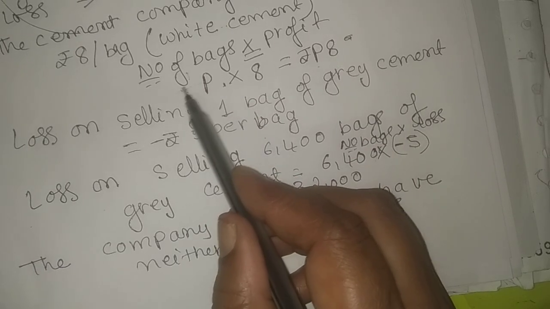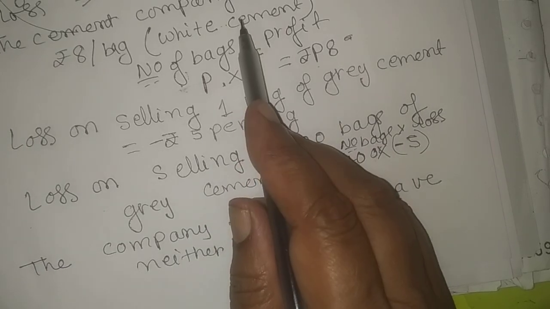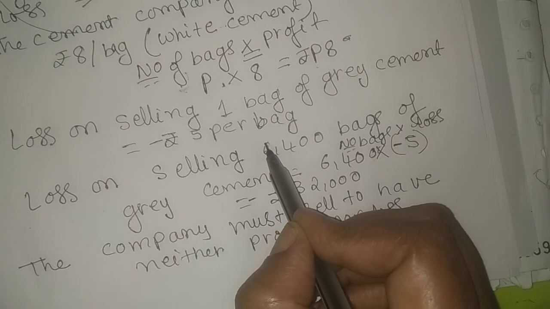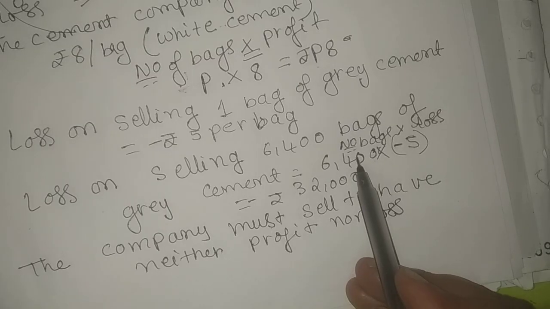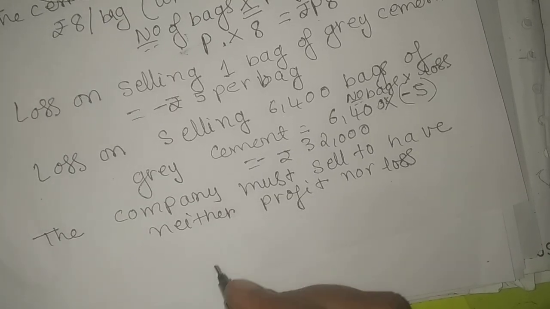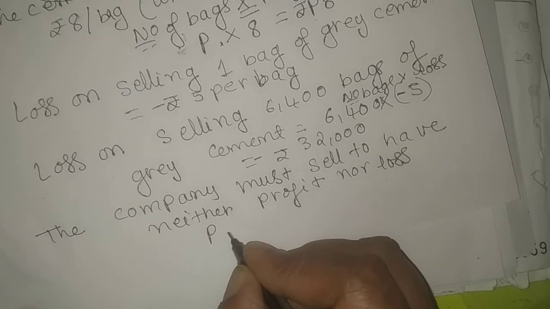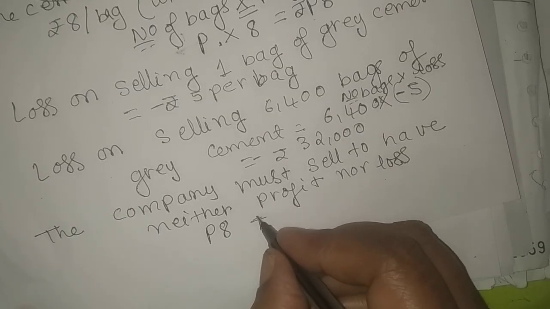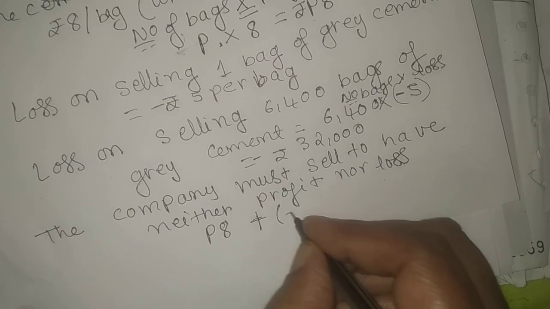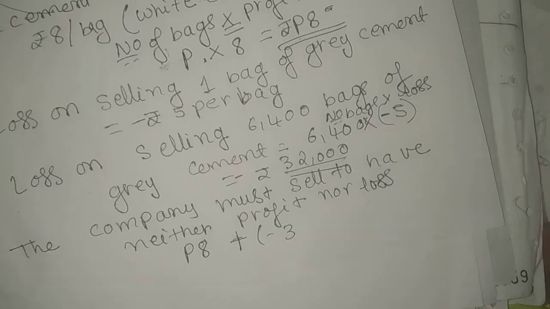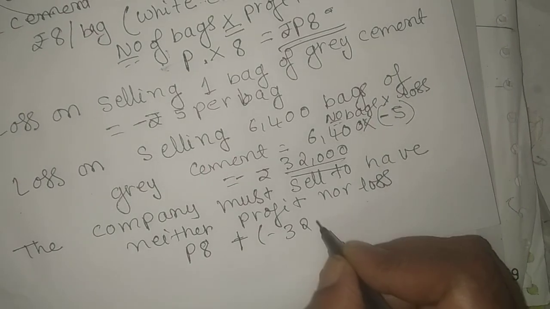This is unknown, that is white cement, and this is for grey cement. Now you have to add both, that is 8P which we have for white cement, and for grey cement we got minus 32,000.